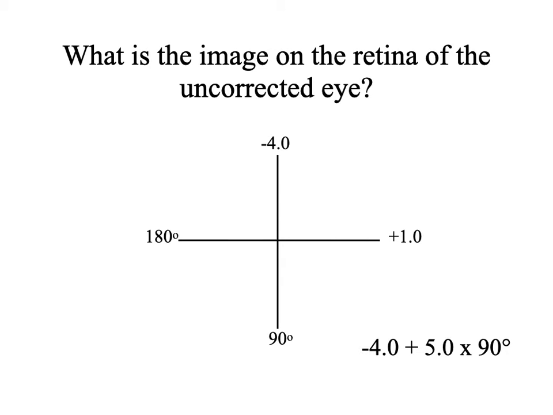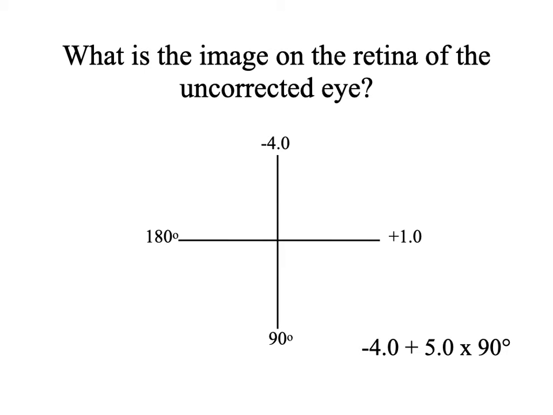Both of them take the glasses off and look at the star. Both of them are going to have blur circles. But which one is going to have the larger blur circle? The uncorrected +1 or the uncorrected -4? The answer obviously is the -4 is going to have the larger blur circle. Even if the +1 doesn't accommodate, 1 is less than 4, so the blur circle is going to be smaller.